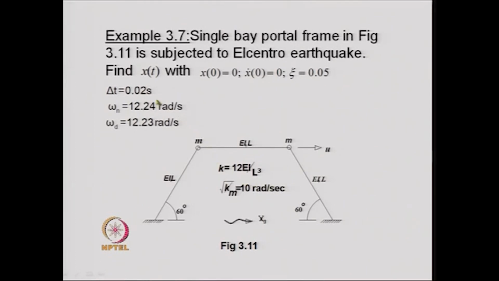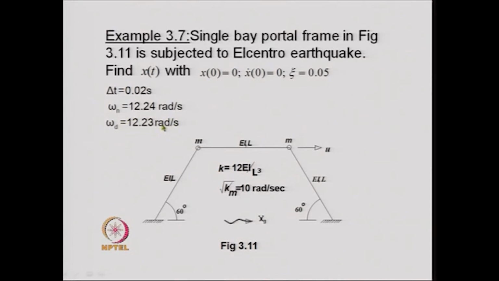The natural frequency of the system is equal to 12.24 radian per second, and the damped natural frequency is 12.23.